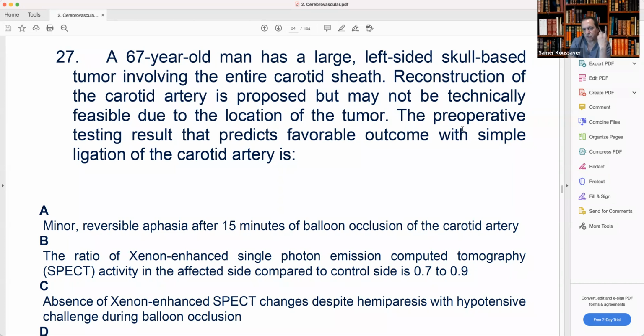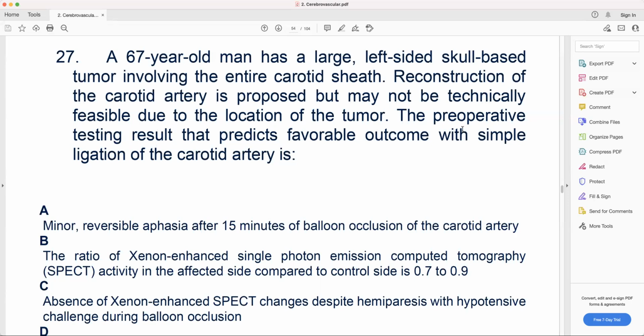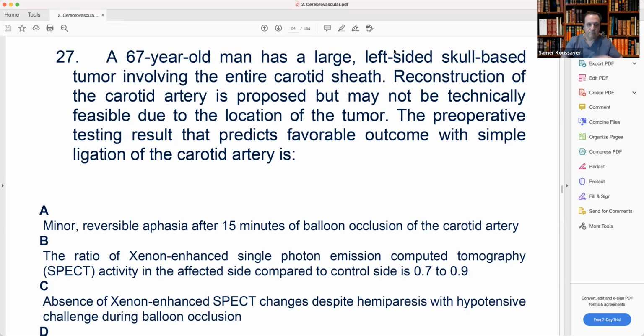But if for some reason the patient is intubated because of the tumor and you cannot assess him, then how can you assess if he's getting enough circulation? Then you go with the SPECT test. This is the idea behind that, all right? So you have to know it. Again, I don't know if we have it here in Saudi, but we did it before for a patient who was intubated.